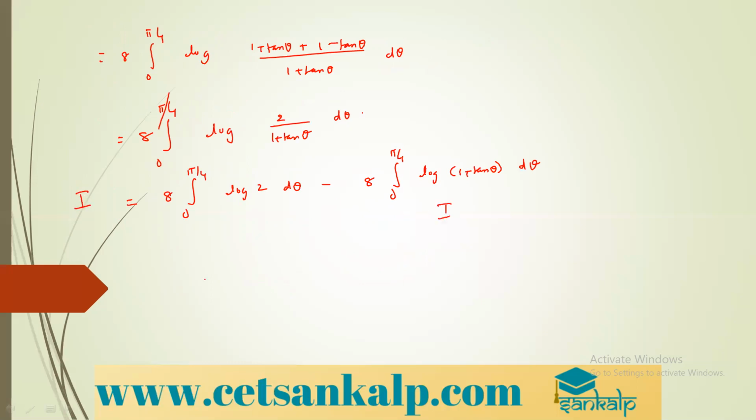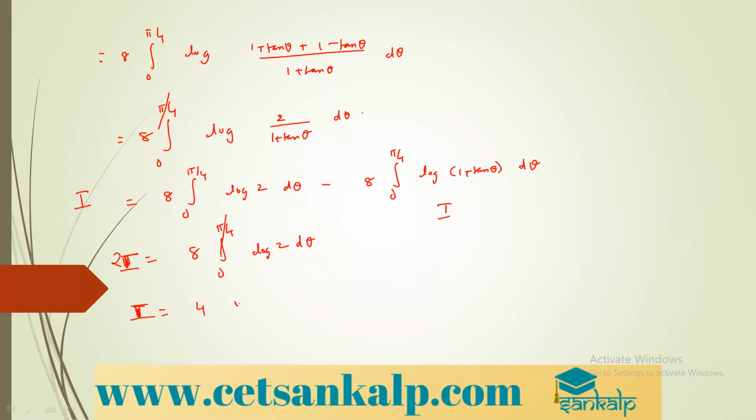This is also I. So it becomes 2I equal to 8 into integral 0 to pi by 4 log of 2 d theta. So I will be equal to 4.